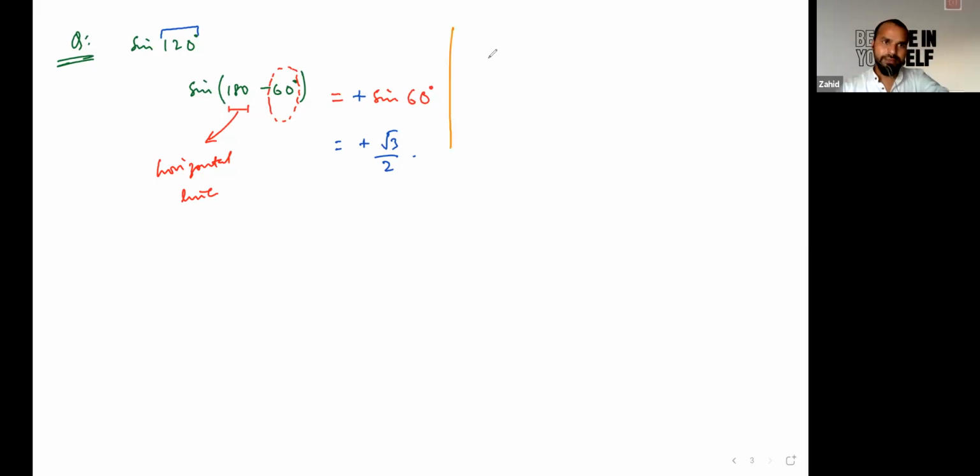Similarly, if you want to calculate cos of 120 degree, we convert this particular part in relation with 180 degree. So we can write it as cos of 180 degree minus 60 degree. The first theta, that is 180 degree, would define just horizontal line or vertical line, which defines the conversion of this particular trigonometric function. Since this is horizontal line and on a horizontal line, there would be no change in that particular trigonometric function, we can write it as cos of 60 degree.